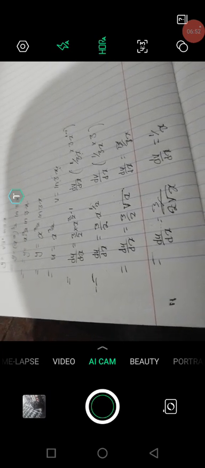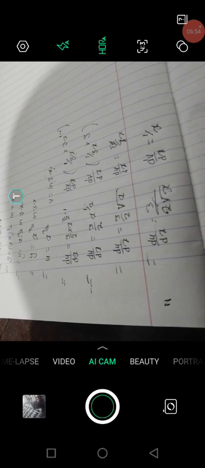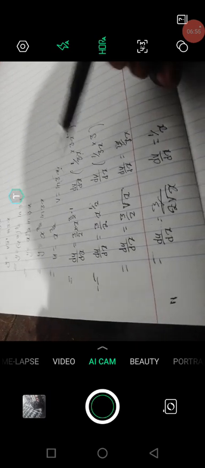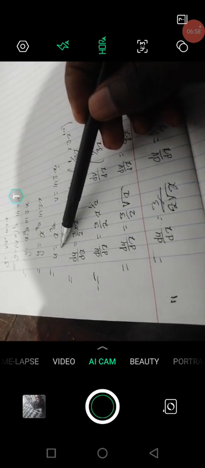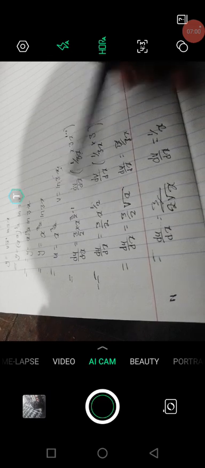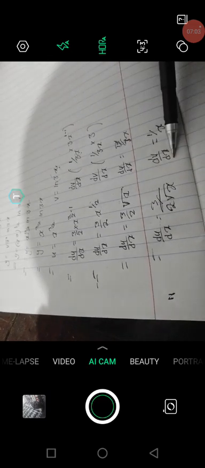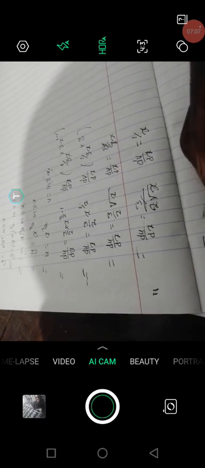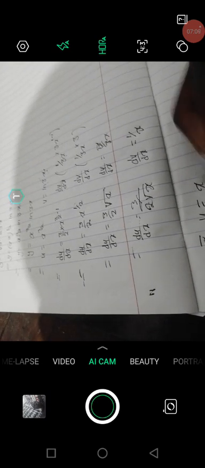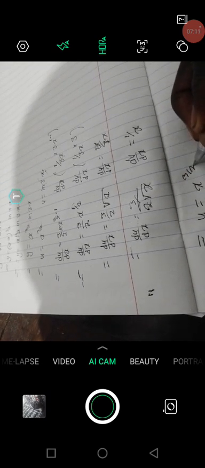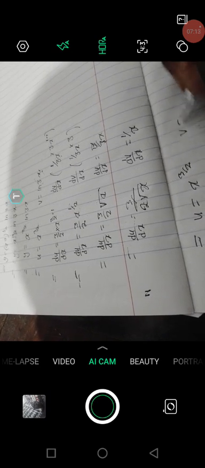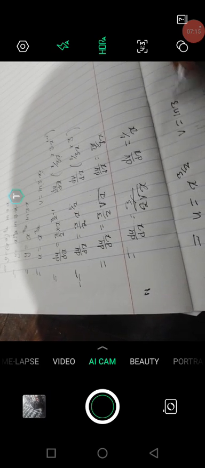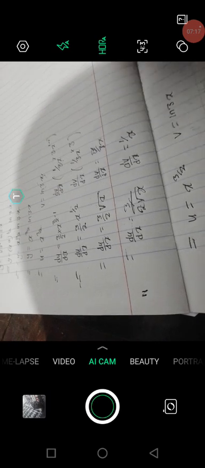Now it's high time to find the final answer. So I'm going to put everything together here. We've got our u and v values, our du over dx, our dv over dx. What is our u value? Our u value is equal to x to the power 3 over 2. Our v value is equal to ln of 3x.